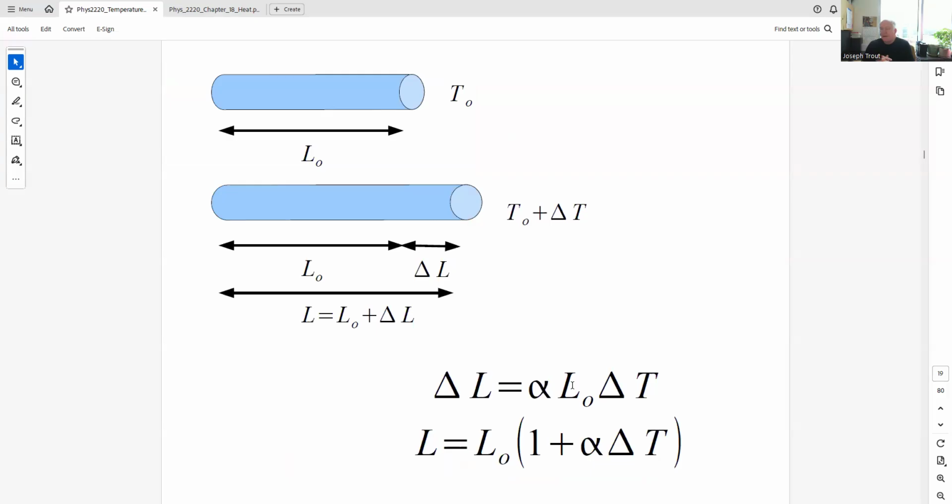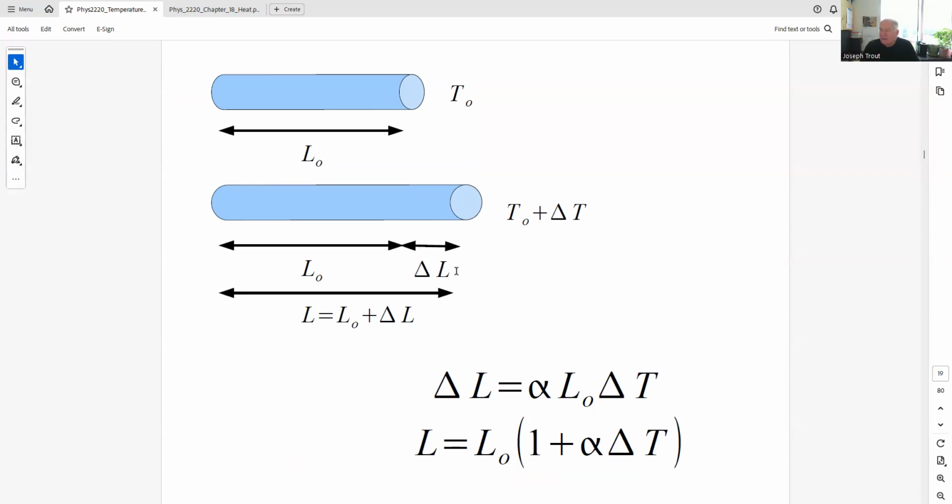So we can get a linear approximation for this. What happens is we'll start out with some initial length and some initial temperature, and we'll heat it by some delta T, and it'll stretch, right? It'll expand.